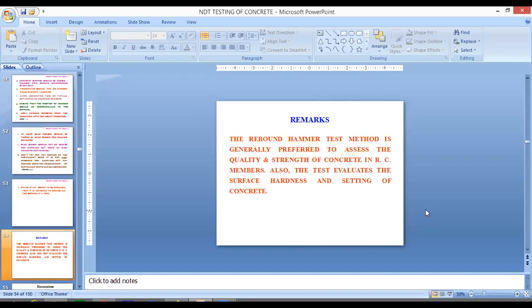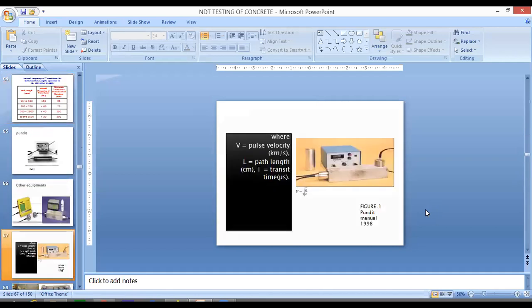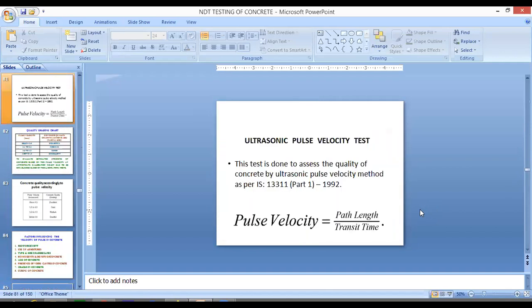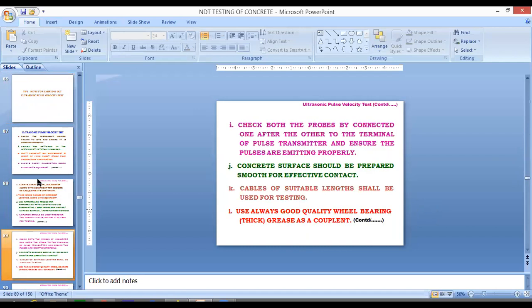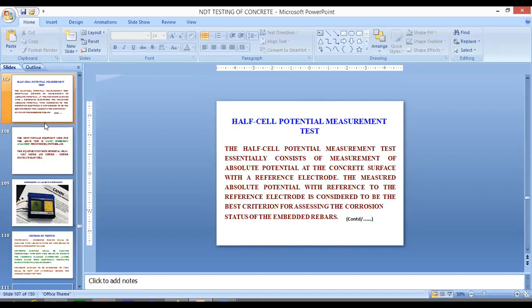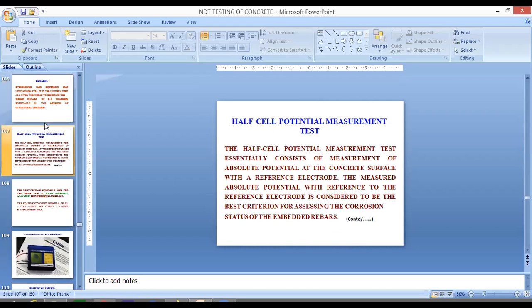For all these, we require these kinds of non-destructive tests. We had a rigorous discussion on those topics in the previous class, so now let's start with the half cell potential measurement test.